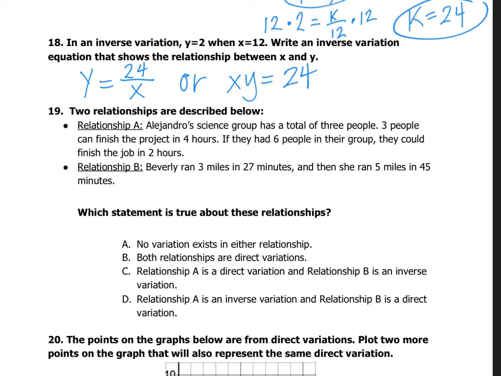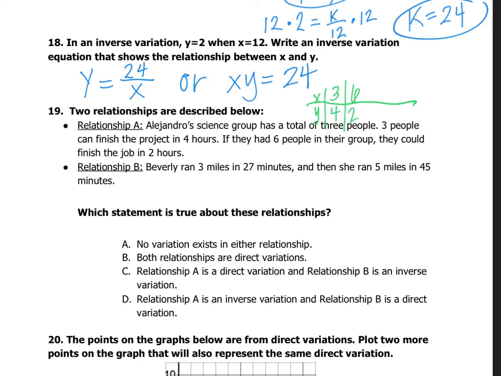So let's go ahead and first look at the relationships between these numbers in relationship A. So if I was to set this up as my x values and my y values, I would realize that 3 people, that's my x, finished the project in 4 hours, whereas 6 people would finish the job in 2 hours.